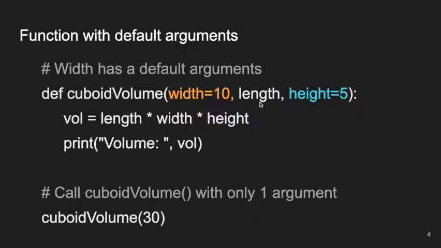Okay, so this here is a bad practice. This would give you an error, just like I was saying before. Your non-default argument should always come before your default argument. You can try this code and you will see the error that you get.